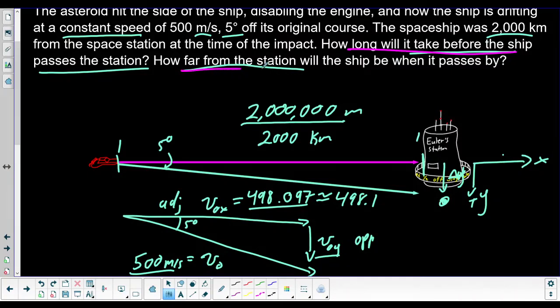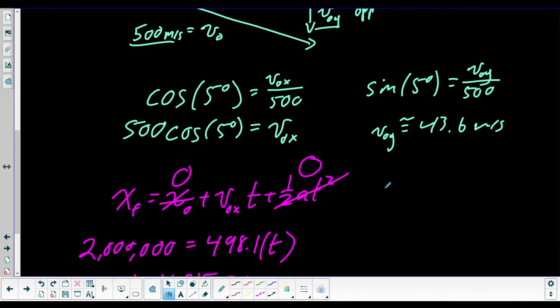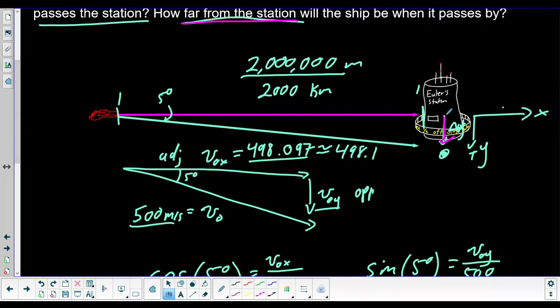Now we need to figure out how far from the station. What is this y distance here? How far are the people on the station going to have to go to get us? So now let's look at our displacement in the y direction. Y final equals y initial plus velocity naught in the y direction times time plus 1/2 acceleration times time squared. Why not? Here we're dead on, right?